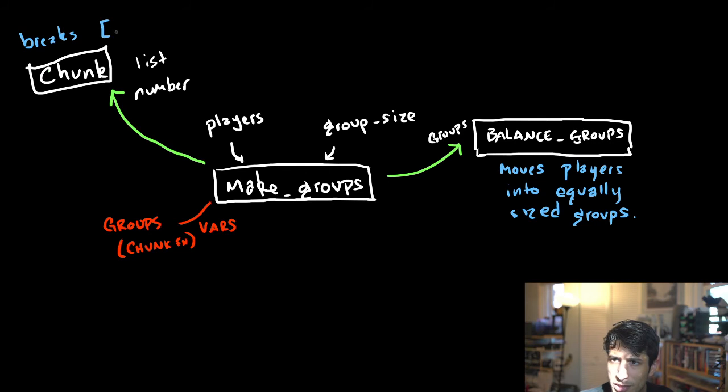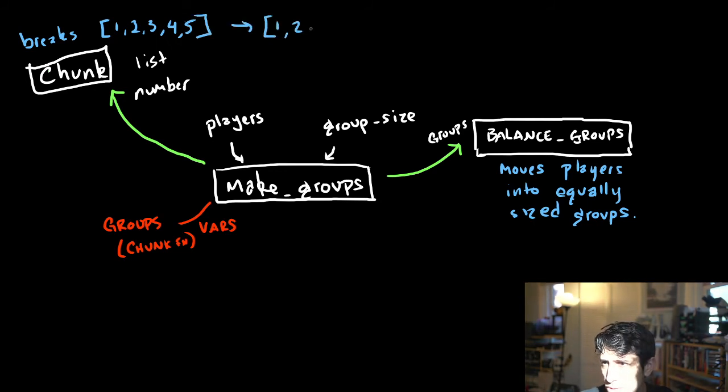This is only for your own reference. Breaks 1, 2, 3, 4, 5 into 1, 2, 3, 4, 5, where n is equal to 2.